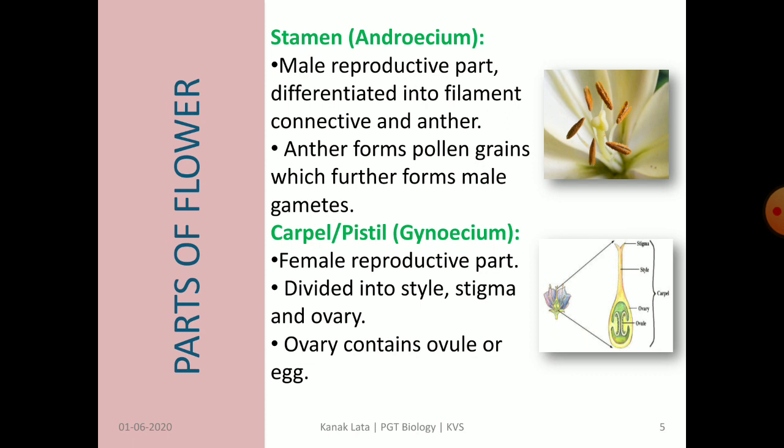Ovaries contain ovules or eggs. Ovary mature to form fruit and ovule mature to form seeds. In the given figure, you may observe stamen and carpel.